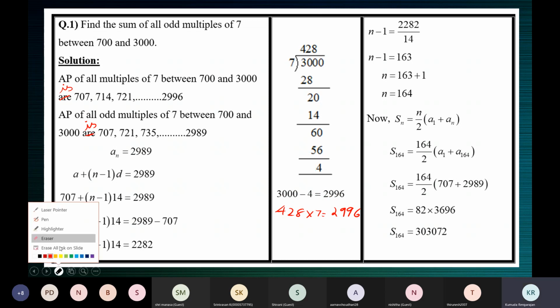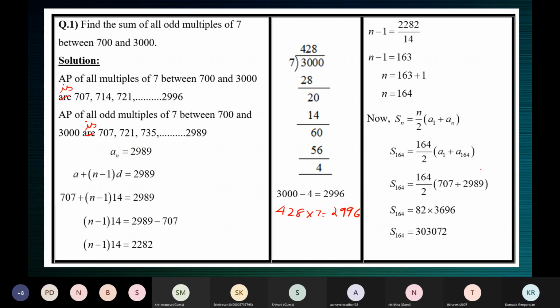That is also correct. 3000 is not divisible. Remainder is 4. So take away the remainder. 3000 minus 4, 2996 will be divisible by 7. You can also do 428 into 7. So first find n and then Sn.